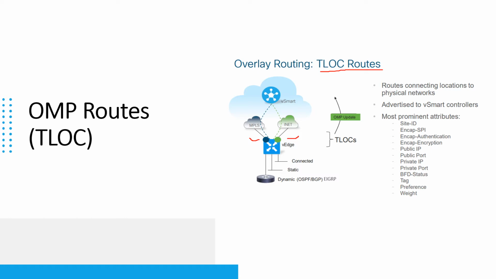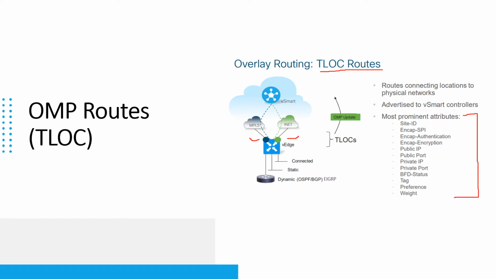It can be internet, it can be MPLS, and the rest of the network is also supposed to know how many connectors or attachments you have throughout the network. So this is going to be the first type of OMP routes, which contains the information about the TLOC.